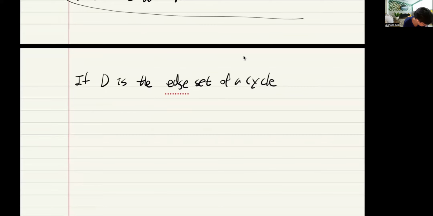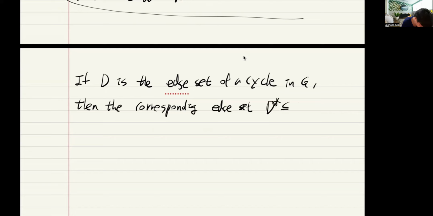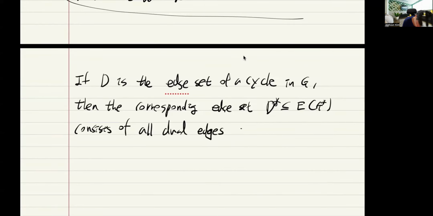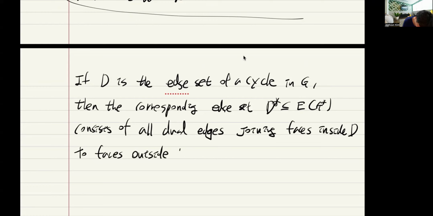Now, if D is the edge set of a cycle in G, then the corresponding edge set D star of the dual consists of all dual edges between faces inside D and the faces outside D.